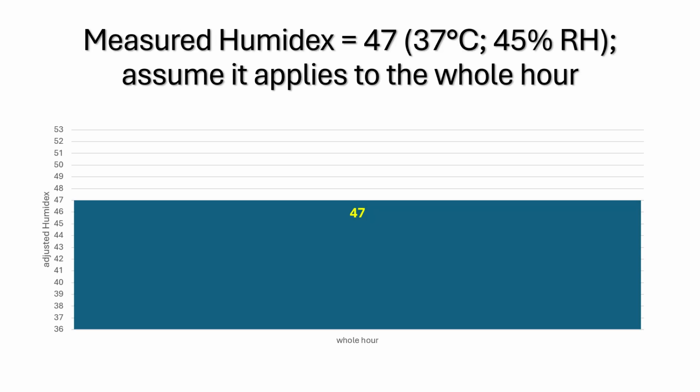So if we just measured the outside temperature and we found that the Humidex was 47 and we assume that it applies to the whole hour, we end up with a problem. And this is why we have the problem. Well, first of all, the Humidex under 37 does not require extra breaks.